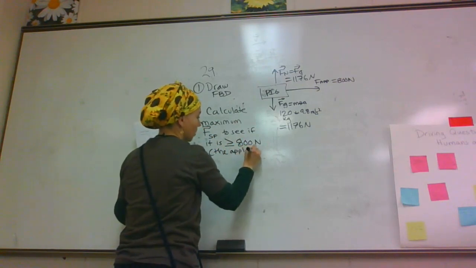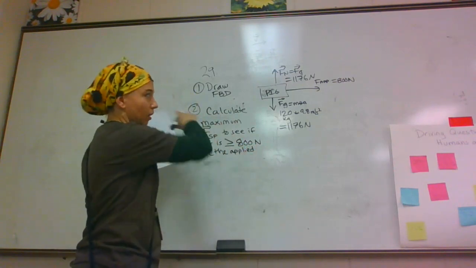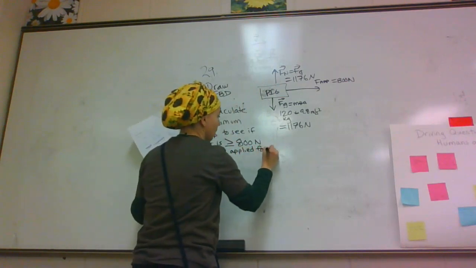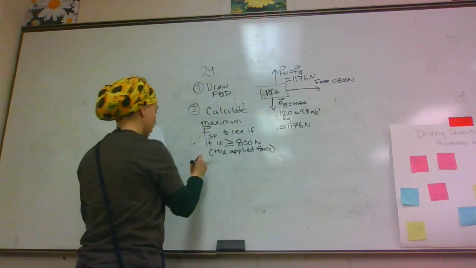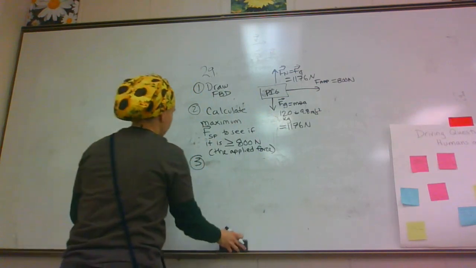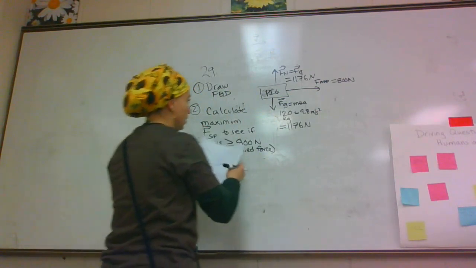If there were any other horizontal forces on the pig, I would first need to figure out what the net force was before I did this step. But all there is in this problem is just one force. And then that's it actually for this problem. Those are all the steps I need to do.